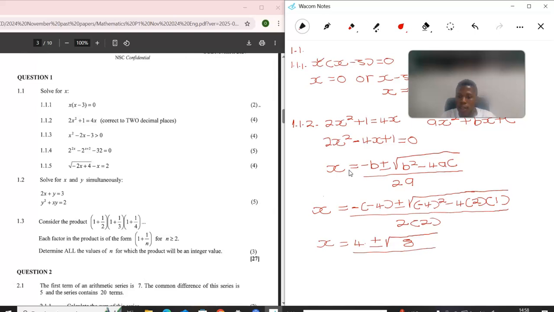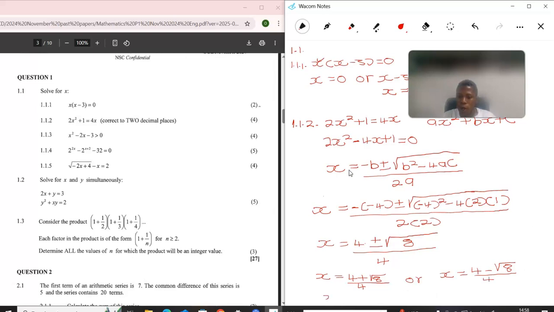Therefore divide by 2 times 2, which is 4. Therefore you know that your x will be equal to 4 plus root 8 divided by 4, or x is equal to 4 minus root 8 divided by 4.